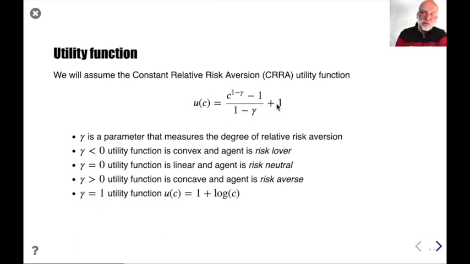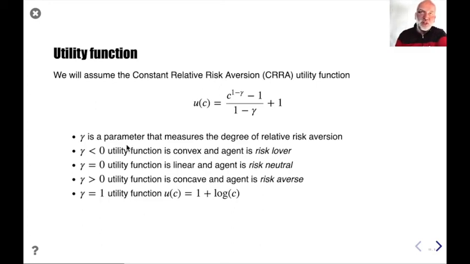That's just a normalization constant, because it's just nice to have it normalized, so that if you have 0 consumption for a risk neutral agent, then you get 0 utility as well. It's just a normalization matter.